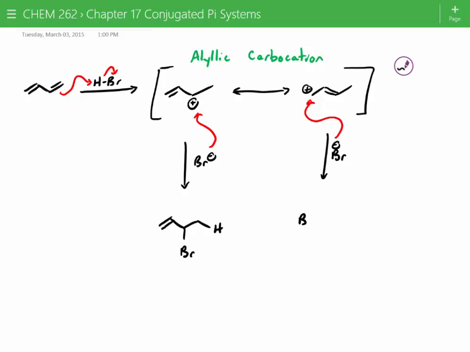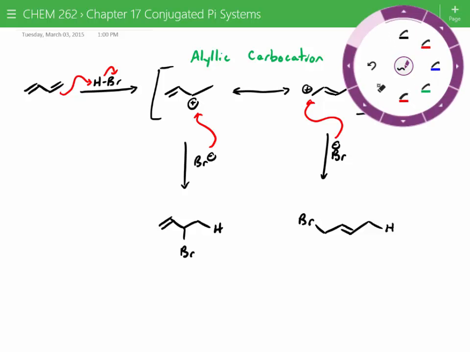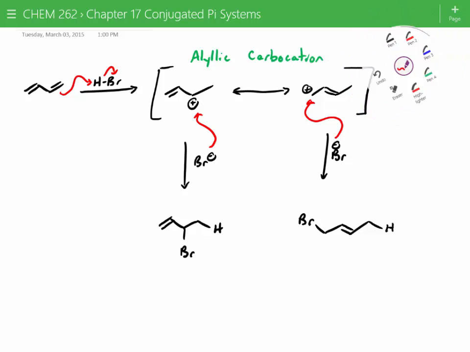And on this one, we've got our bromine attached onto the end. And I'm drawing in our protons again. So now if we consider the positioning of our protons, we can say, all right, the proton was added in position 1 on each of these. Our bromine on the right one was added into 2, 3, 4. So this is called our 1,4 addition product.